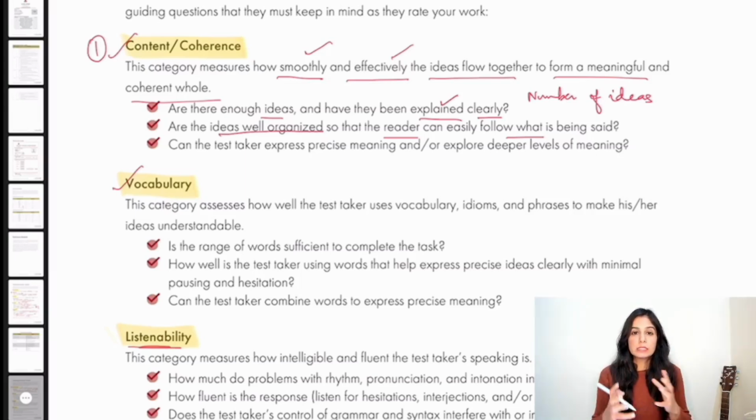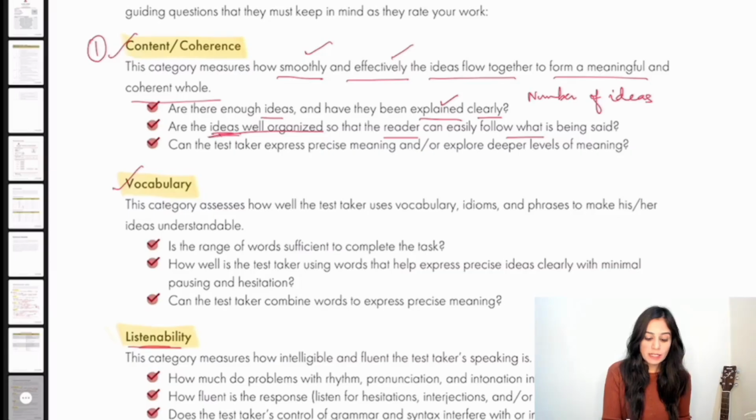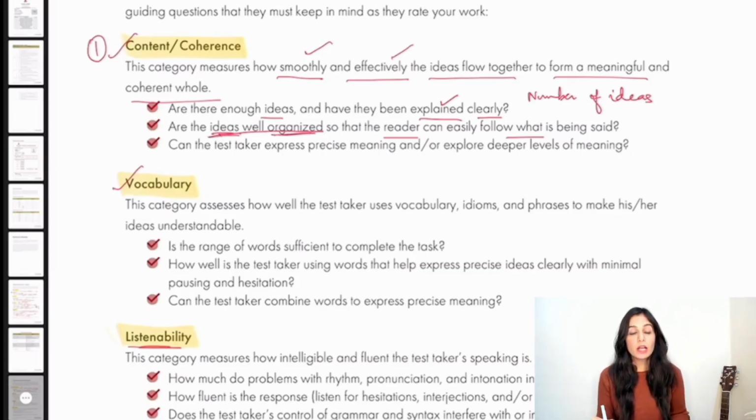Now, if you answer in such a manner, you are basically not organizing your ideas well. So, organization of ideas means that it should be in a proper sequence, it should be meaningful, and they should be in the chronological order in terms of this question.